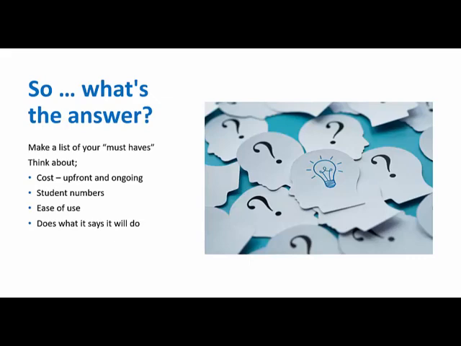So have a look and see which one works for you. Also be aware of how many students you can have in the online course you're going to be running. Choose something that's easy to use. Let's face it, we don't have time to be fiddling all day, every day, trying to get it to work. And just ensure that it does what it says it will do.